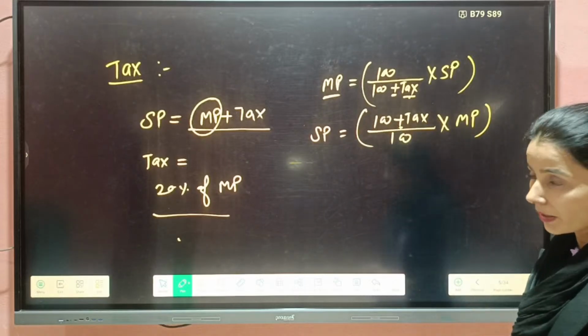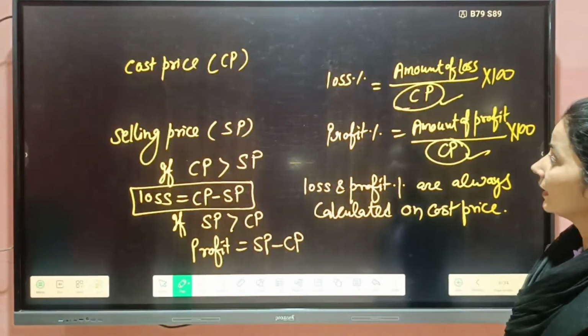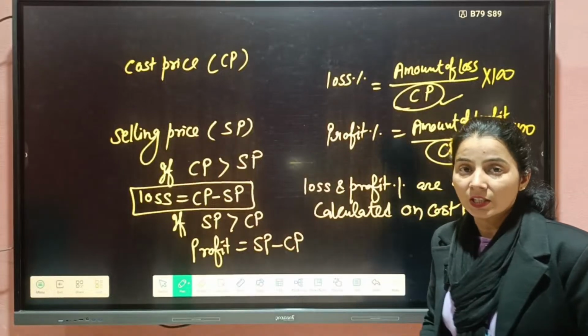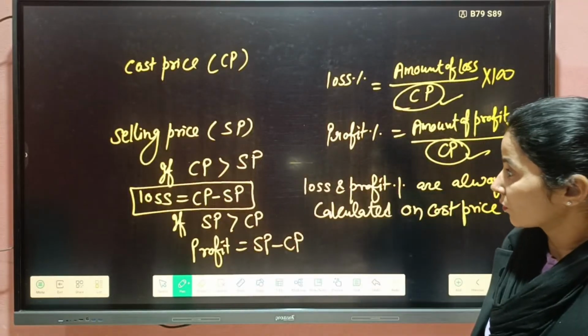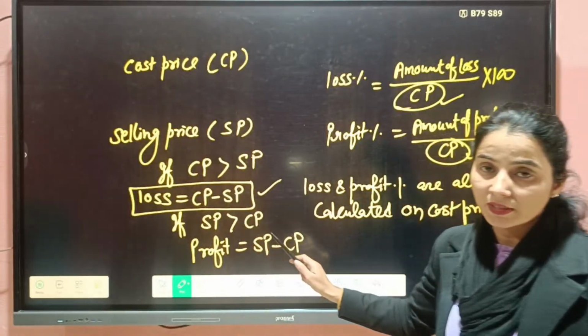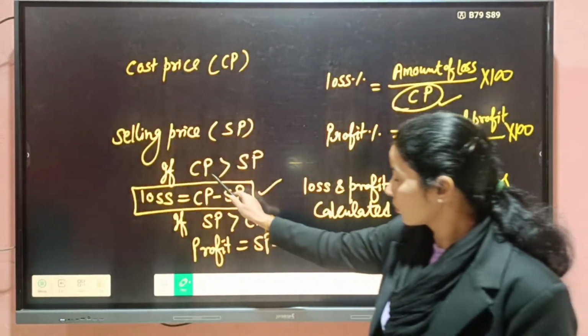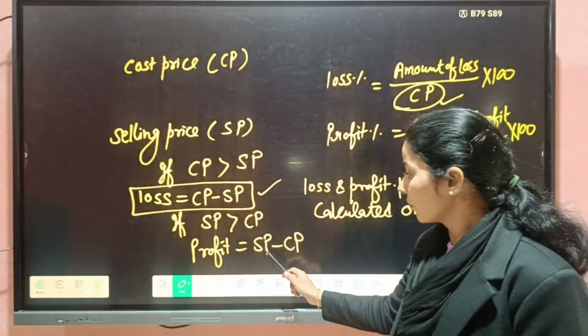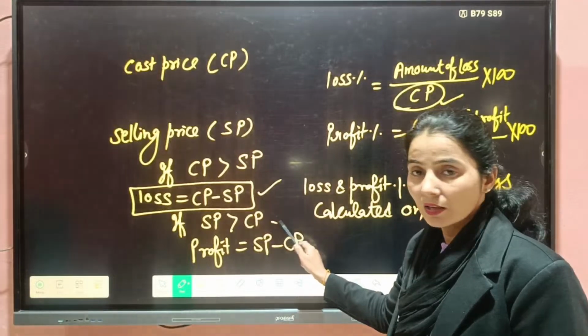And then we talked about cost price and selling price, and we got that loss occurs when our cost price is greater than the selling price, and profit occurs when our selling price is greater than our cost price.